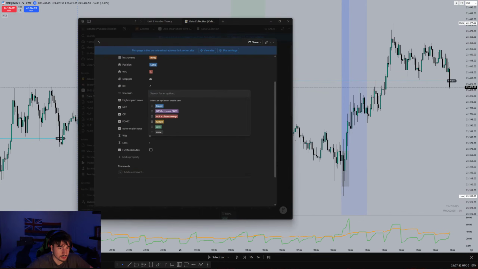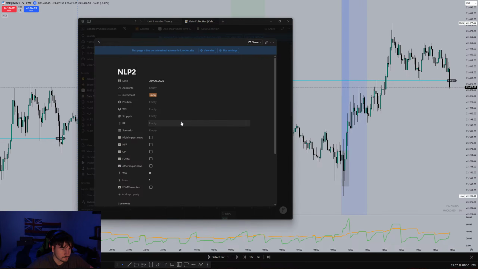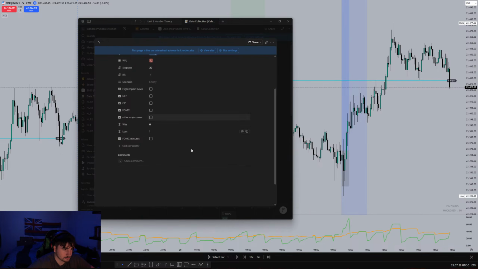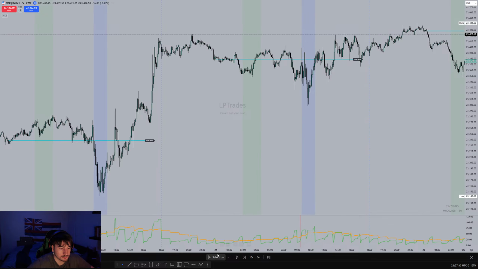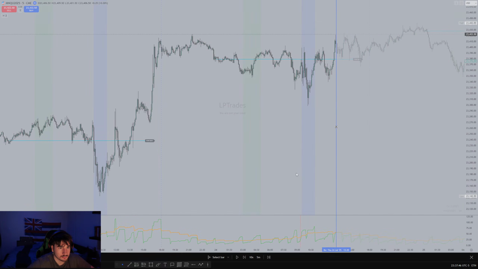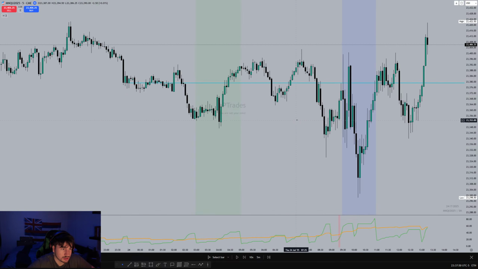Now trend. So let's select this, the 25th of July. Alright, and then another ATR, but we do take liquidity in the morning.